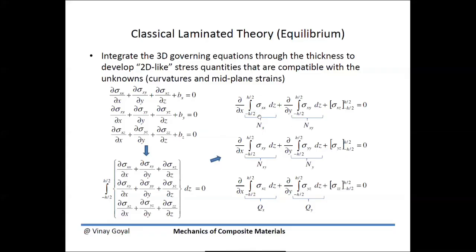If I look at the units, if stress is psi, then these units are basically force per unit length. Why is that? Because I integrated the stress through the thickness, and so now I have this quantity that's force per length. Okay, so that's what we got there.